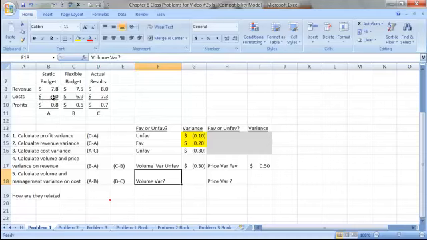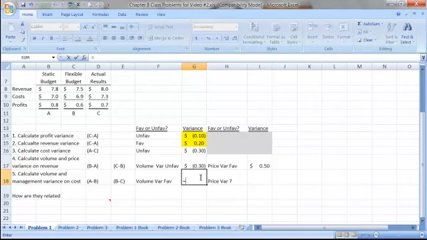We thought we would have 7 million. We ended up with 6.9 million. So I would say that we had less cost than we had anticipated. That would be a favorable variance. So I'd like to record that first, and then we know that has to be a positive. So it would be our static minus our flexible, giving us a positive 0.1 variance.